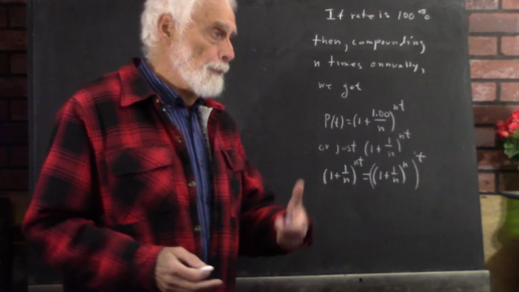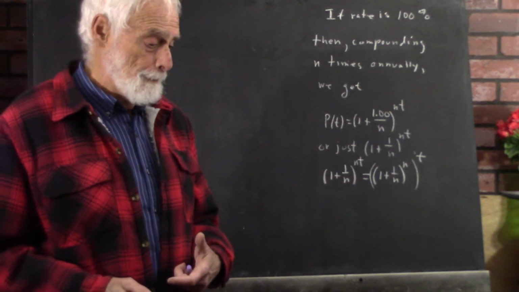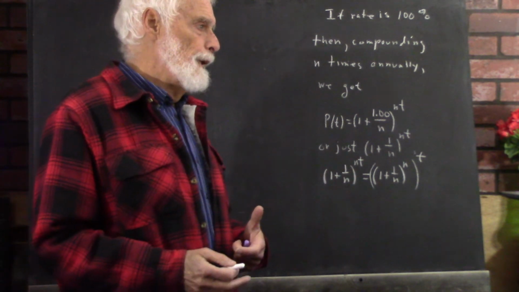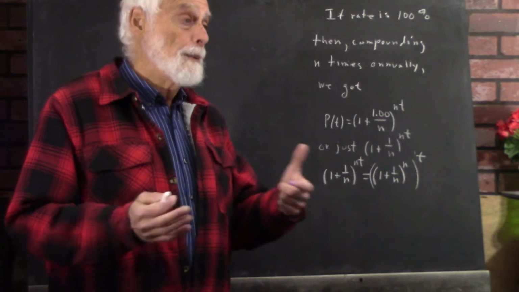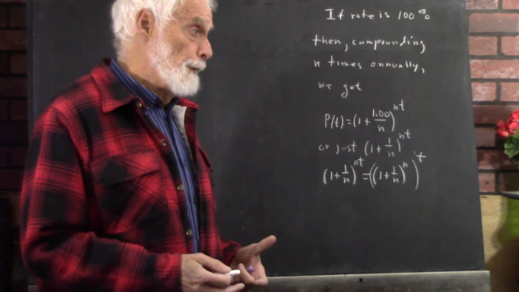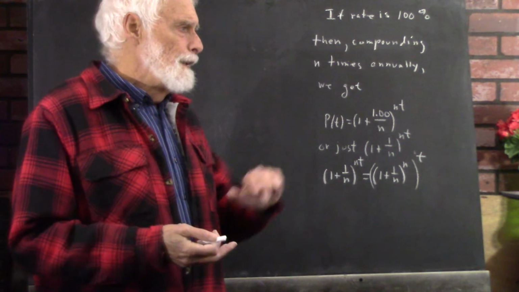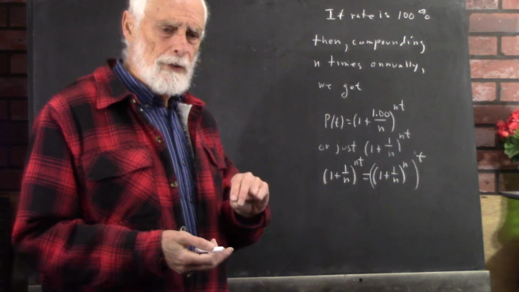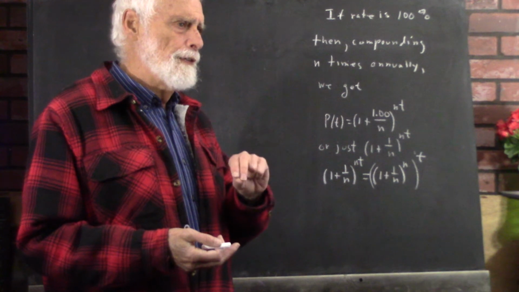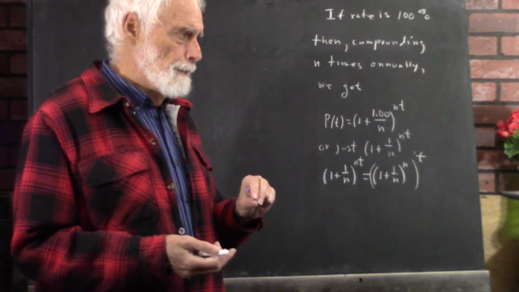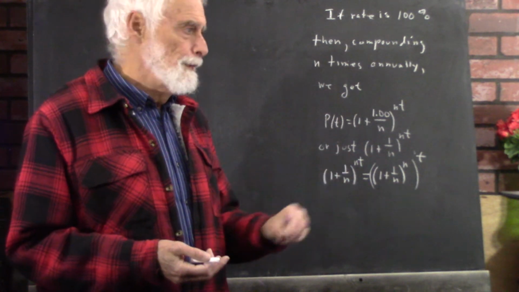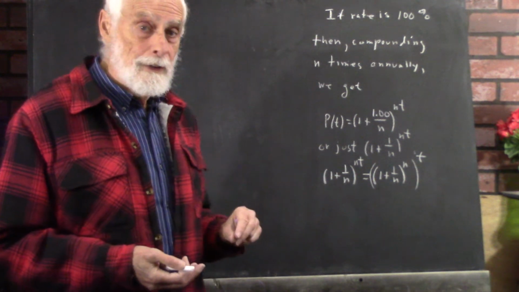If we compound monthly, we end up with even more. If we compound daily, we end up with more than we do when we compound monthly. But the increases kind of level off, okay? Compounding daily doesn't give you all that much more than compounding monthly. But still, if somebody gives you the opportunity, yeah, take it.